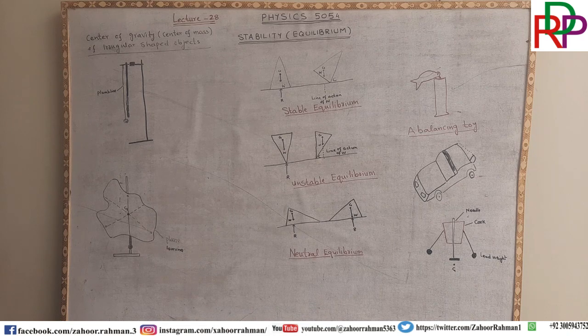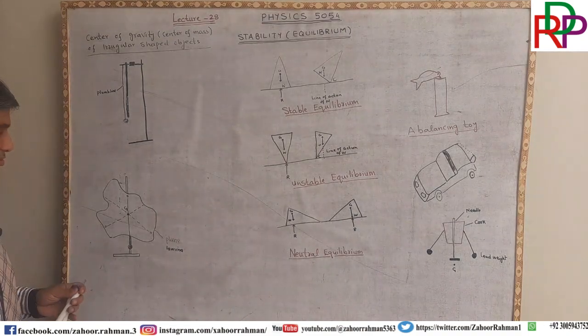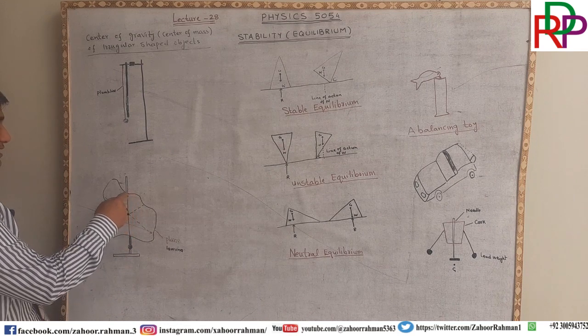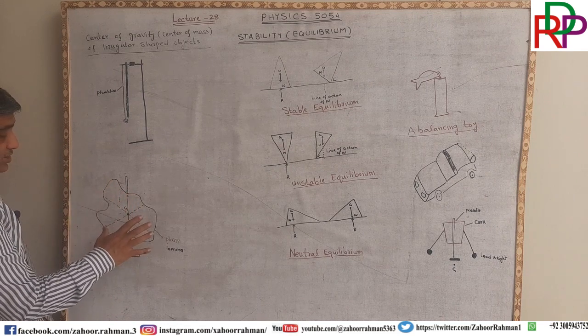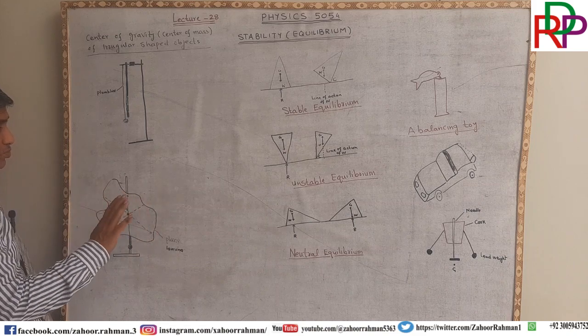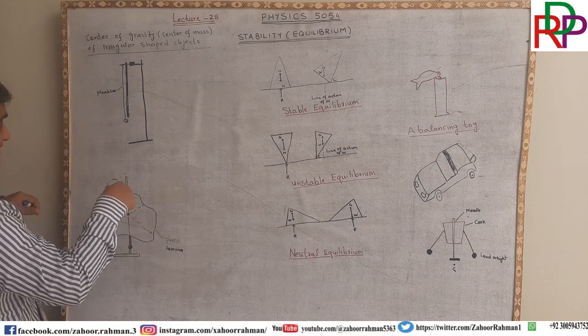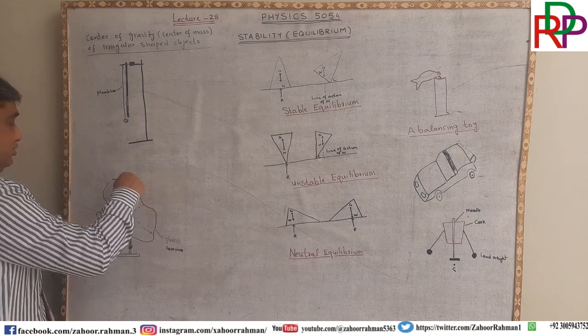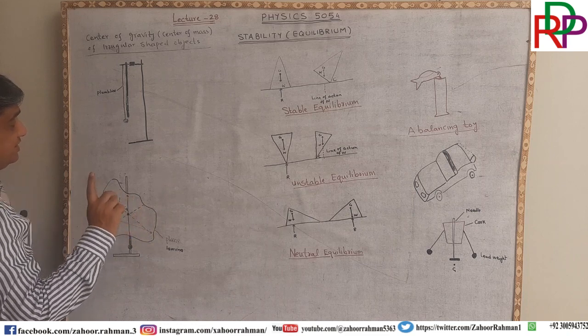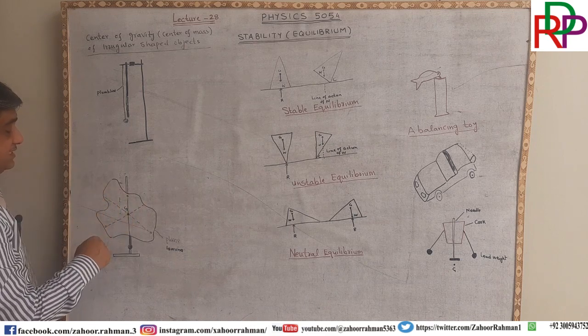You have to keep one thing in mind, ladies and gentlemen: whenever you put this lamina sheet on the pin, it should move freely. It should not be pressed against the pin so that it cannot move. These are the two precautions you have to take while performing this experiment.